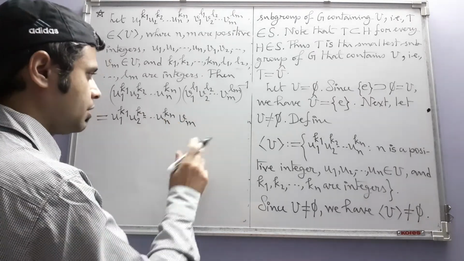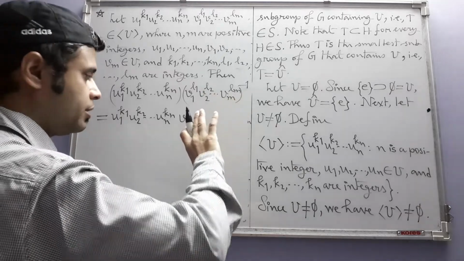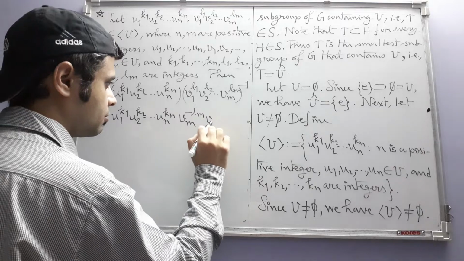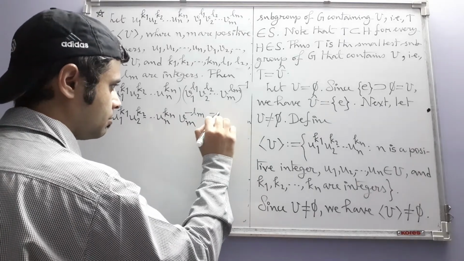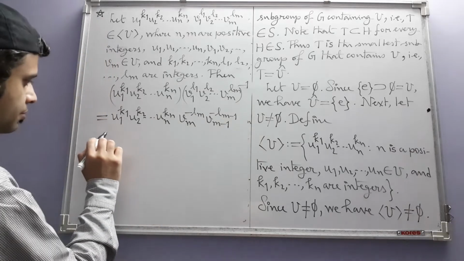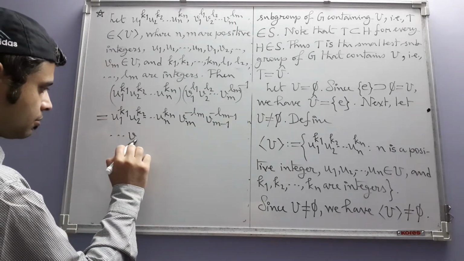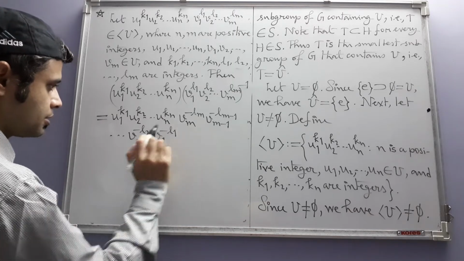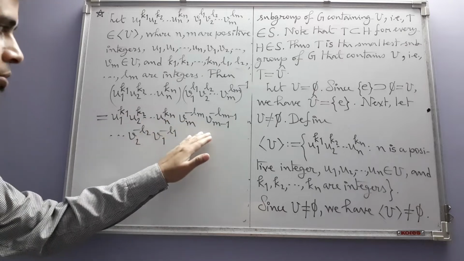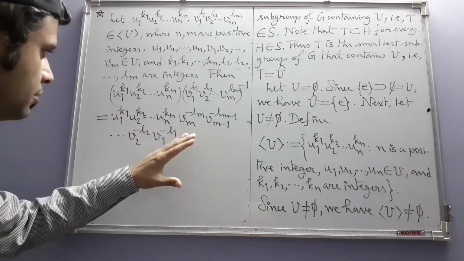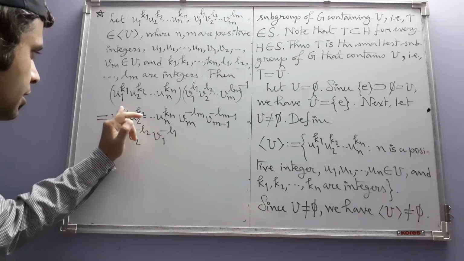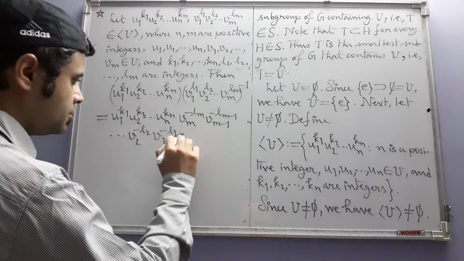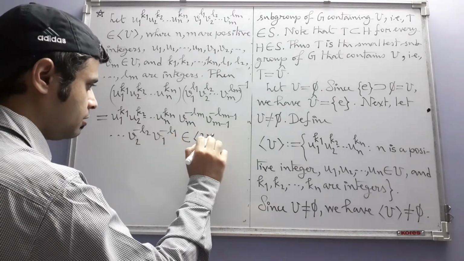Because we are taking inverse, the order will get reversed. Minus Lm Pm minus 1 minus Lm minus 1, etc. V2 minus L2 P1 minus L1. Looking at this product, you can see that this is again a product of integral powers of elements of U. So that means this belongs again to the subset.